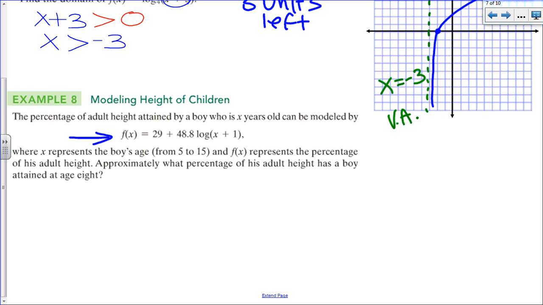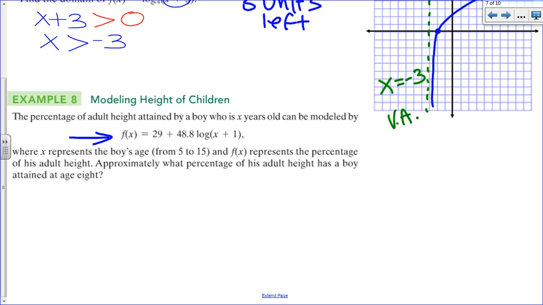So, let me ask you a question first. At birth, how old were you when you were born? How many years? 0, right?